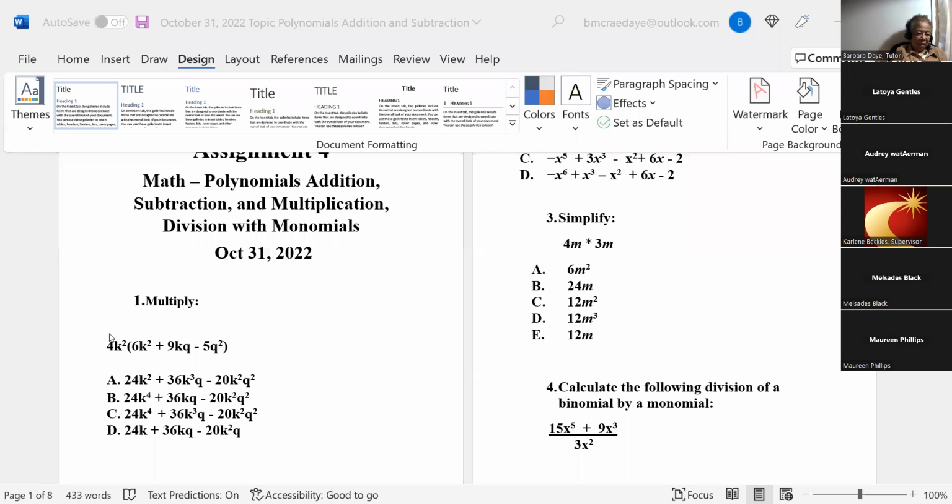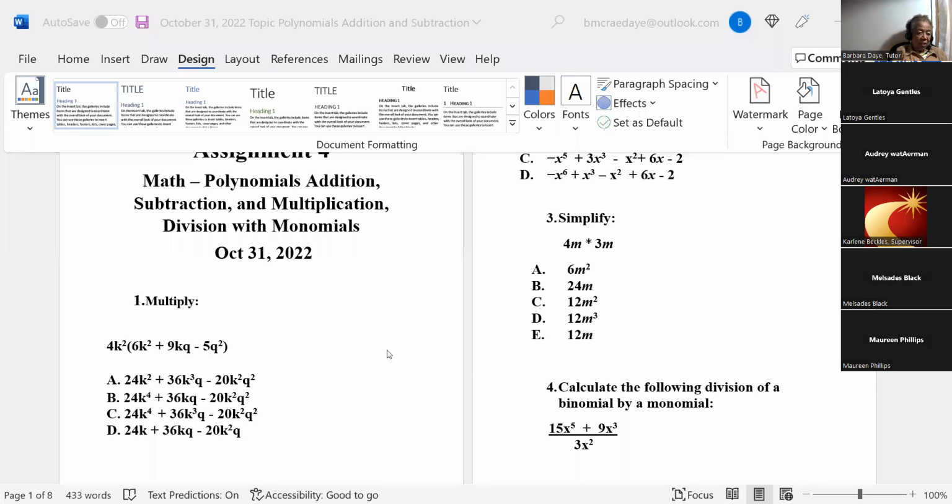So that means you multiply the 4k to the second by 6k to the second, you multiply the 4k to the second by 9k cubed, and you multiply the 4k to the second by a minus 5q to the second, right?